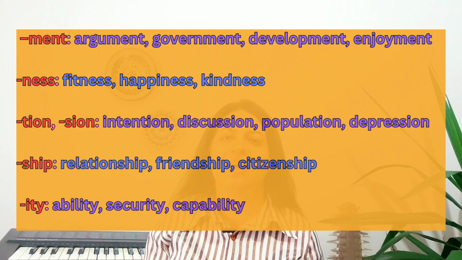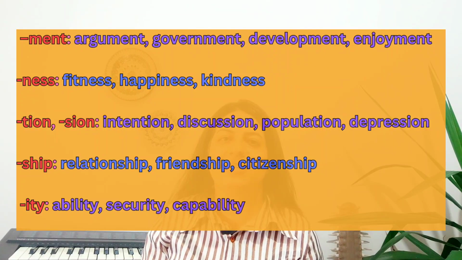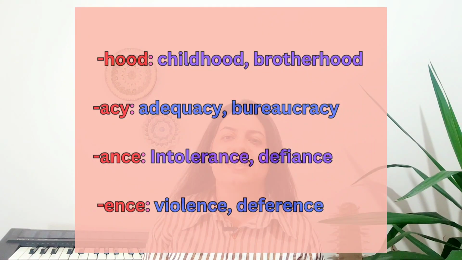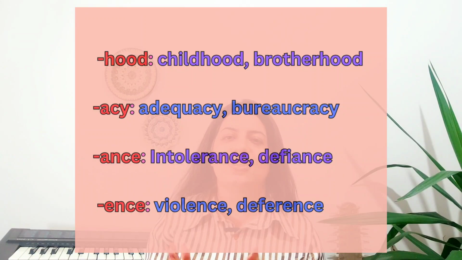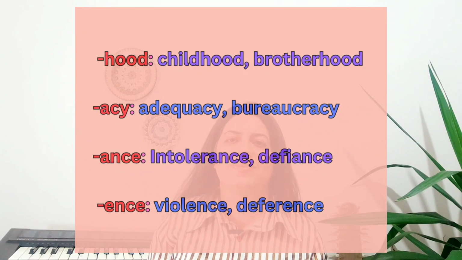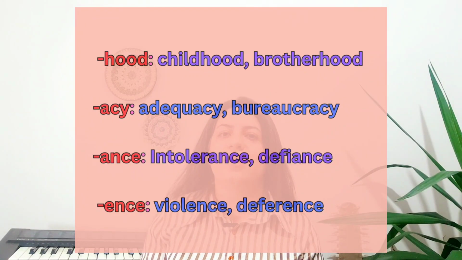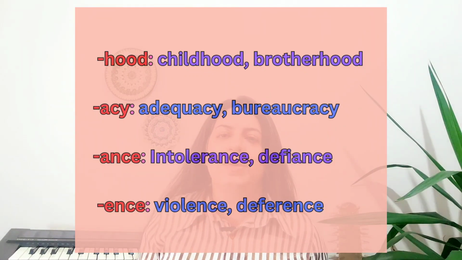Number 5 is ity, like ability, security, capability. Number 6 is hood, like childhood, brotherhood. Number 7 is acy, like adequacy, bureaucracy. Number 8 is ance, like intolerance. Number 9 is ence, like deference.